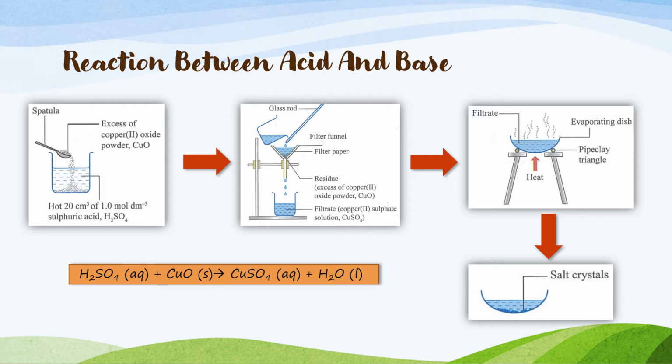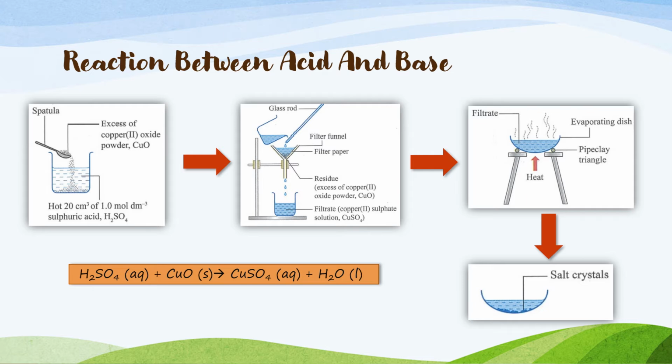Okay, so this is actually an activity that can be carried out in the lab. In this example we have copper 2 oxide and sulfuric acid. Copper 2 oxide is added in excess to make sure that all the sulfuric acid has reacted. And then the excess copper 2 oxide will be filtered out, and in the filtrate we get copper 2 sulfate solution.